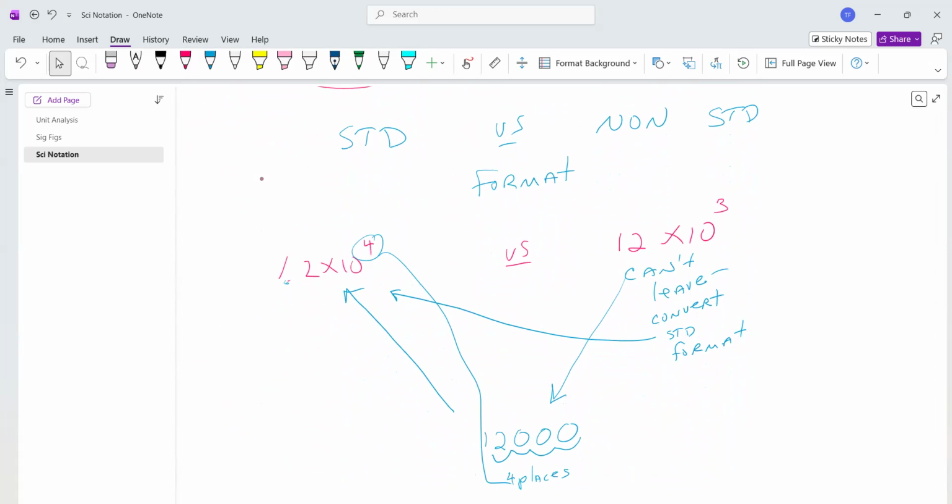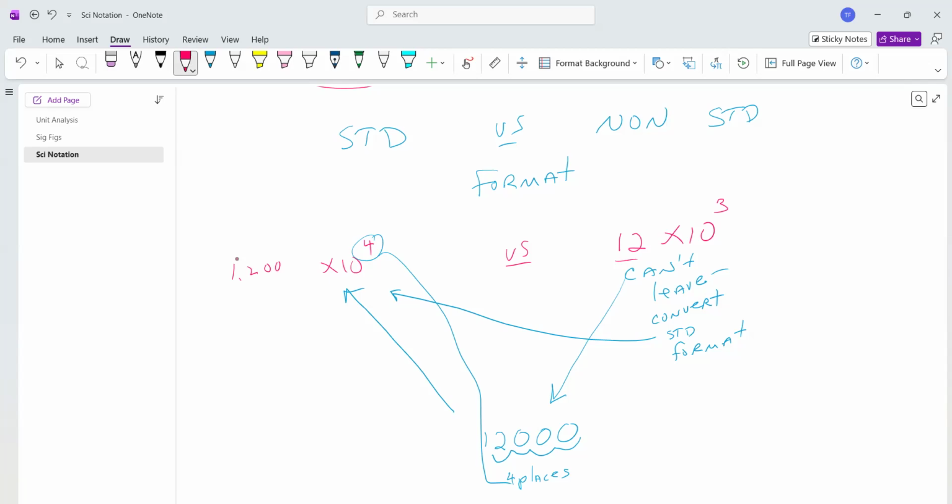You can have zeros like that, but then the number is still from 1 to 9. It doesn't matter how many decimal places you have here, as long as it's a number from 1 to 9. This one is non-standard because this number is not from 1 to 9. It's above 9.